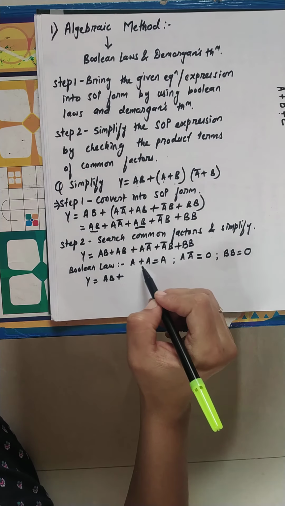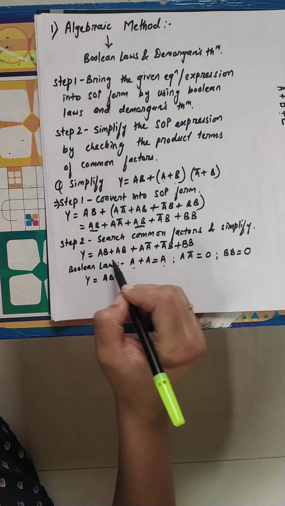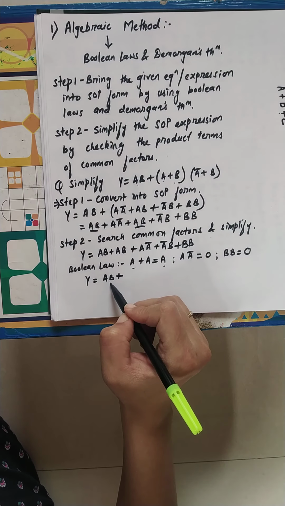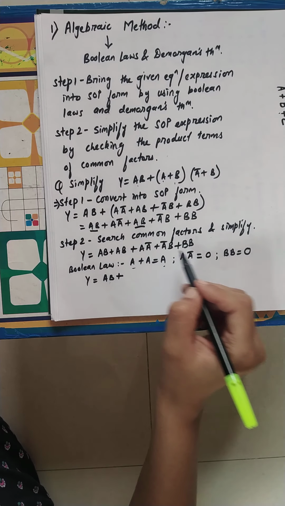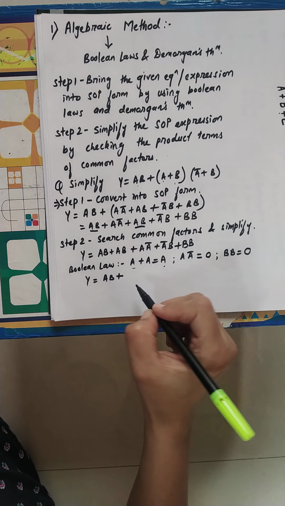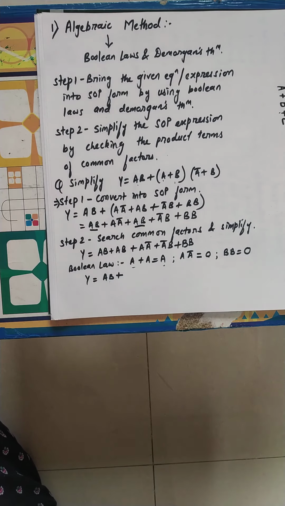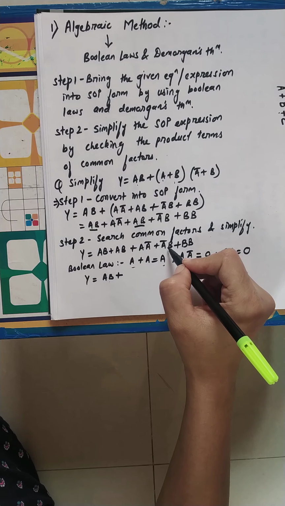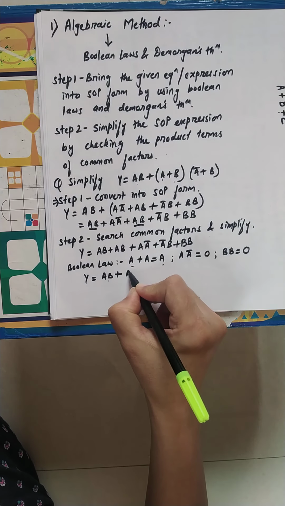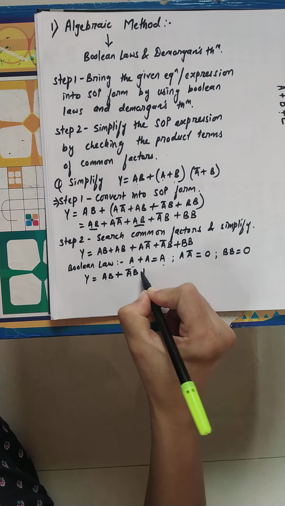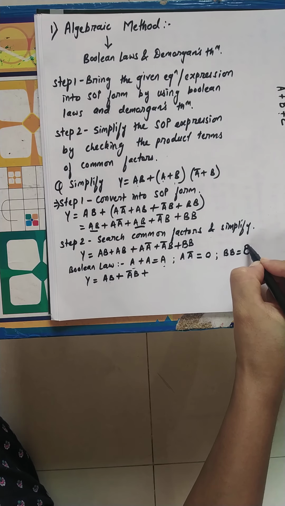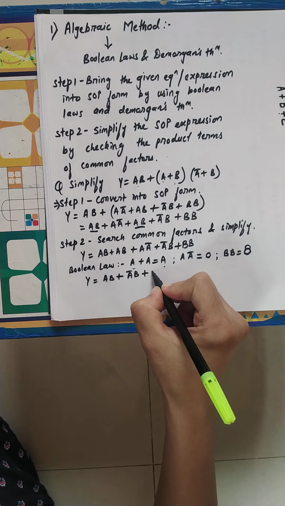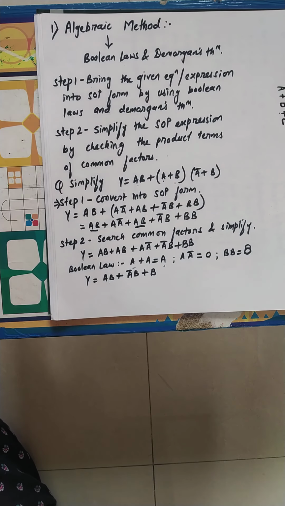So these are the Boolean laws which we have to apply to simplify this equation. Here I applied the law A plus A equals A, that means AB plus AB equals a single AB, right? Plus, for A A bar it is 0, so I will not write 0 here. Then next is A bar B, which will be written as it is, plus now BB means a single B, right?